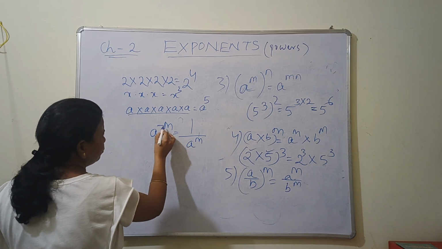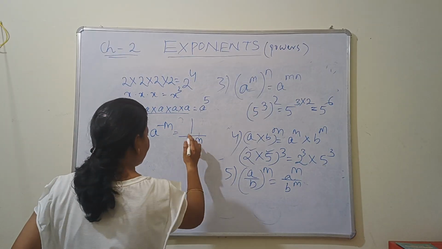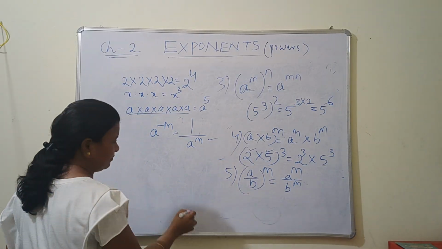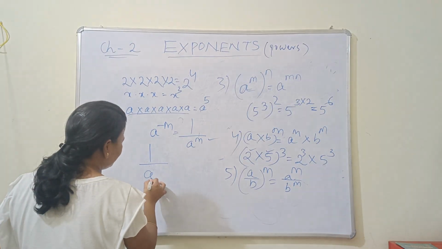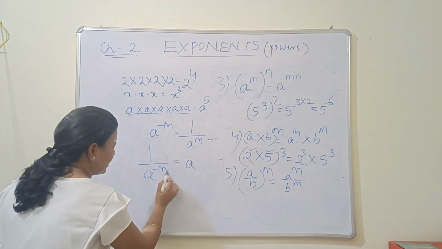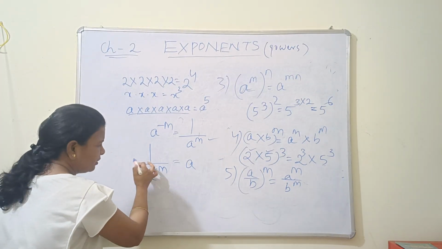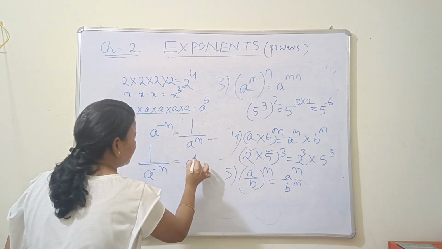And suppose 1 by a to the power minus m is there. You can write it simply as a, since it has a minus power in the denominator. We can write it as a to the power plus m.